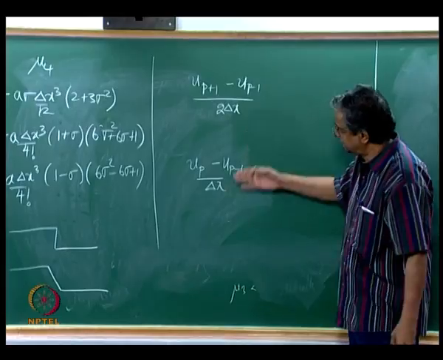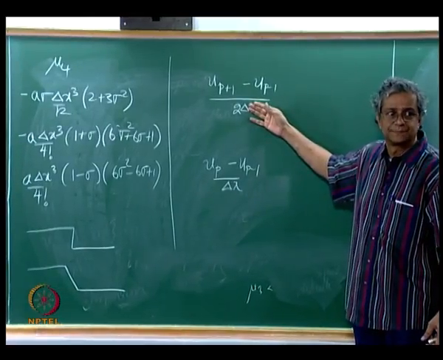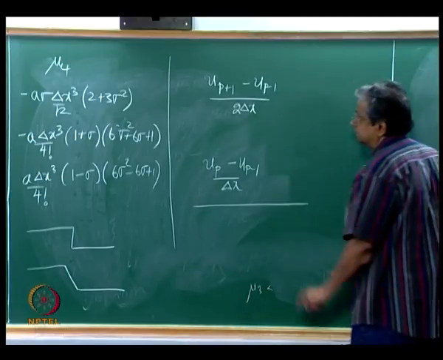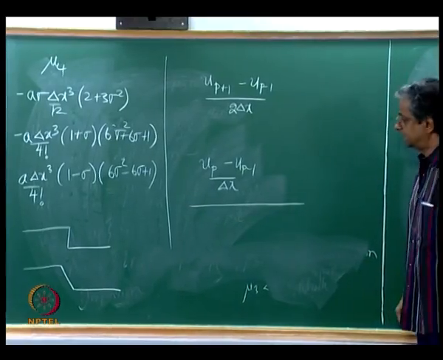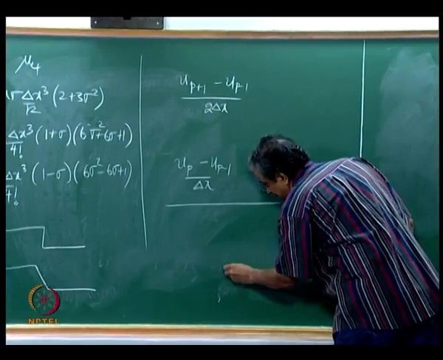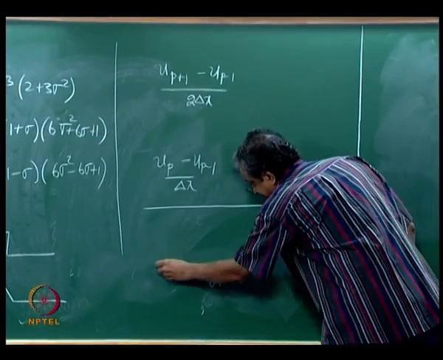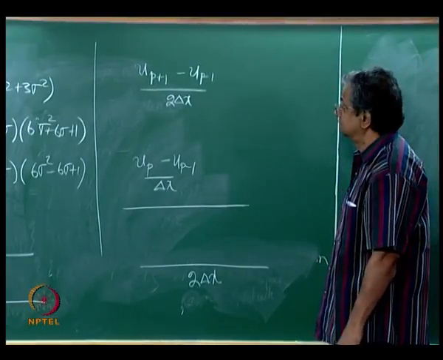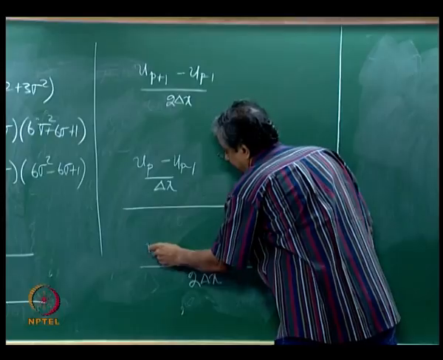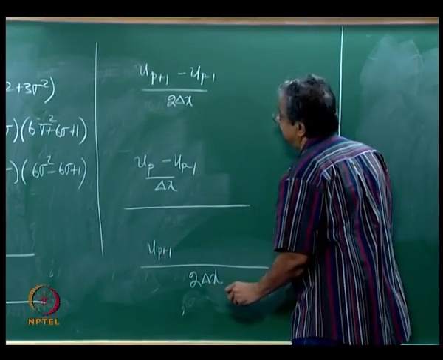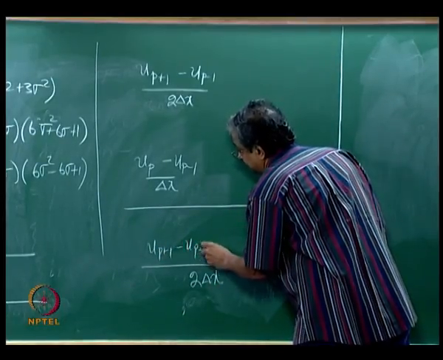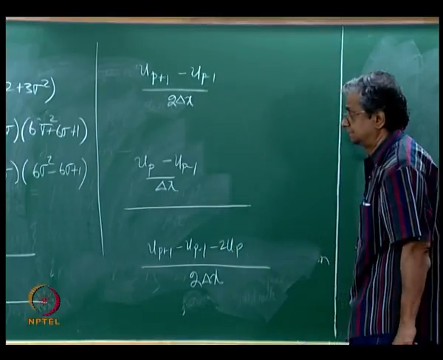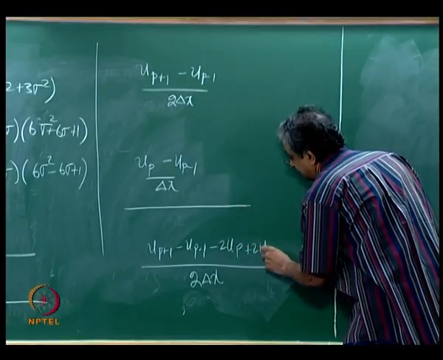So what happens if you subtract one from the other? What is the difference between the two? Let me ask the question that way. Right. So the LCM is 2 delta x, that is easy. u p plus 1 minus u p minus 1 minus 2 u p plus 2 u p minus 1.